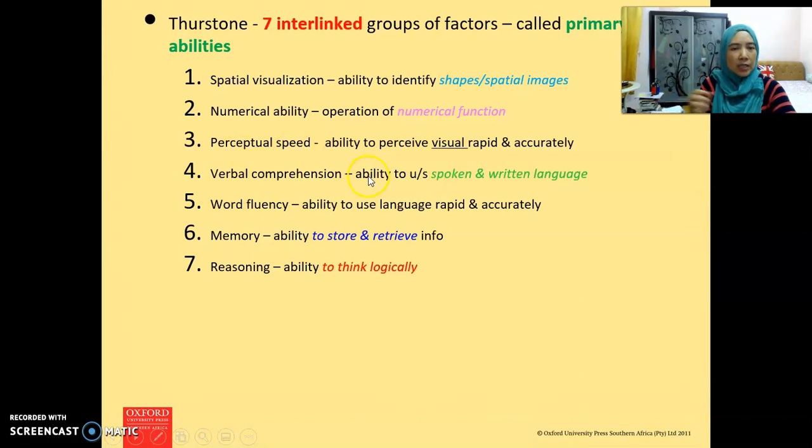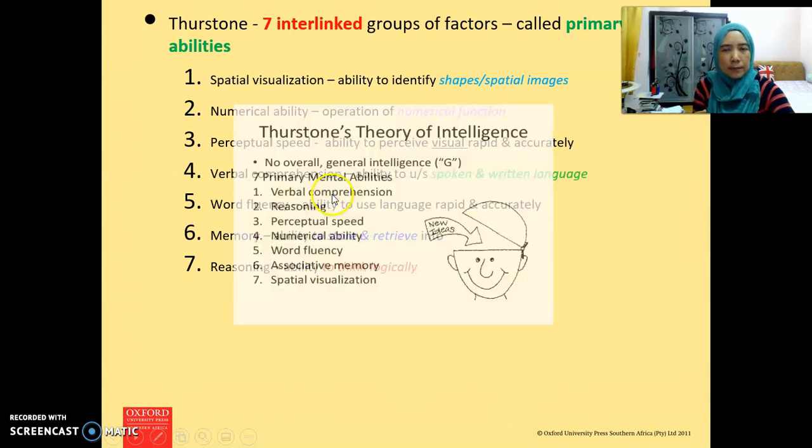Verbal comprehension, the ability to understand spoken and written language. Word fluency, the ability to use language rapidly and accurately. Memory, the ability to store and retrieve information. Reasoning, the ability to think logically. So they came up with these primary mental abilities, which are more related to general abilities.